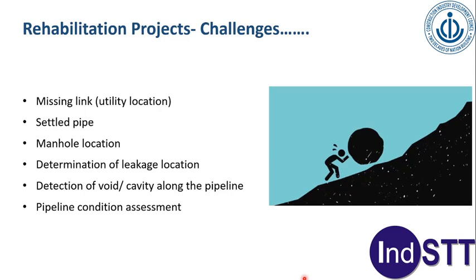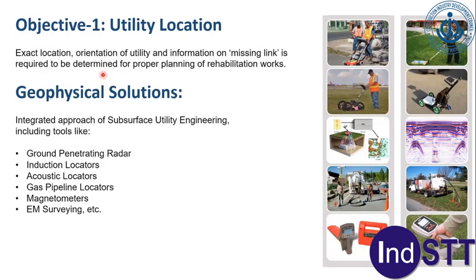So first is utility location, finding out where a particular utility is. The exact location, orientation of the utility, and information on the missing link are required to be determined for proper planning of rehabilitation works.